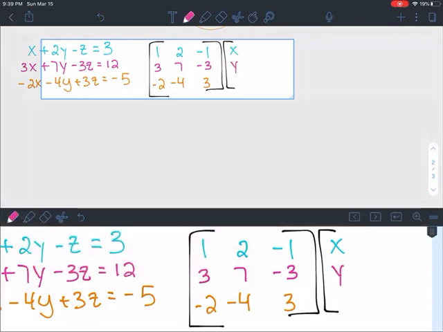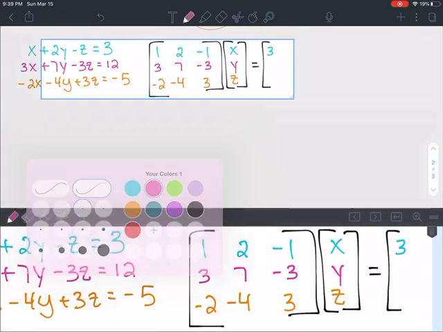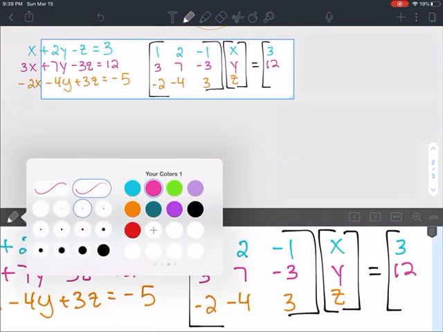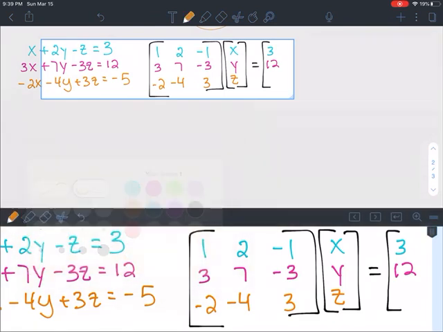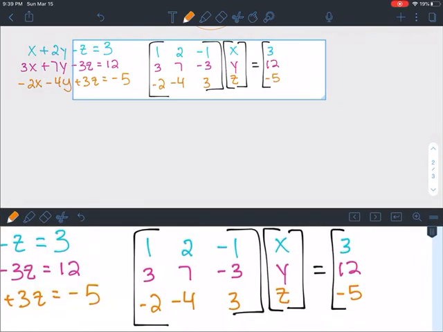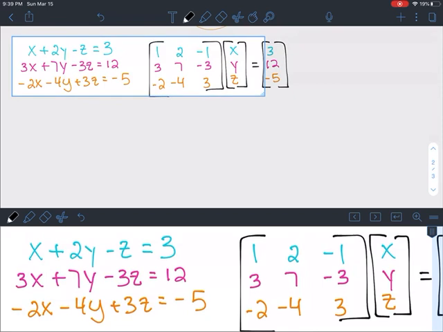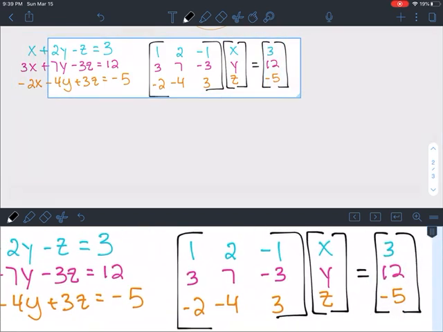So I'm going to do x in blue, y in pink, and z in orange. And that's going to equal my constant matrix. So that's my 3, my 12, and my negative 5. Okay, so I've created my matrices out of my equations.